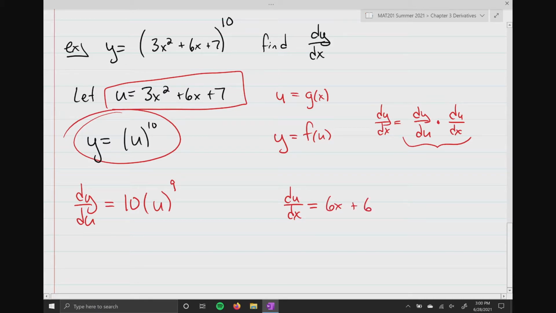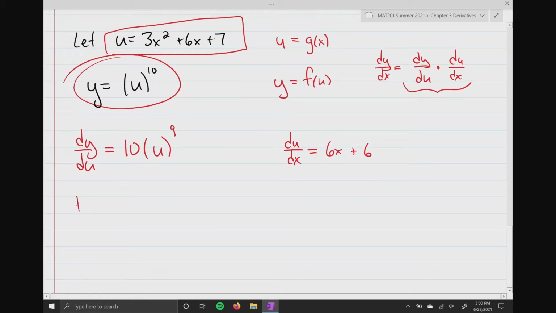And according to our chain rule, what I'm going to do is take dy du and multiply times du dx. So dy dx is going to equal 10 times u to the 9th multiplied by du dx, which is going to be 6x plus 6.